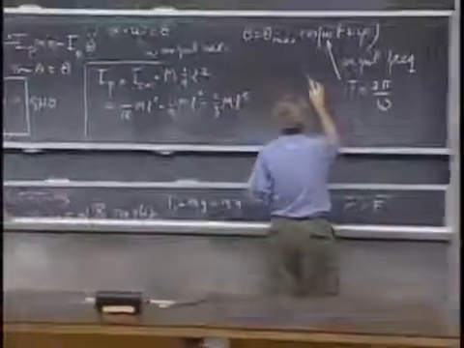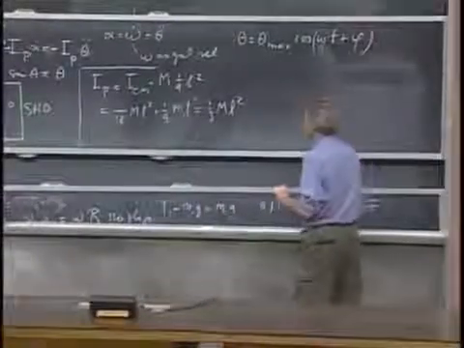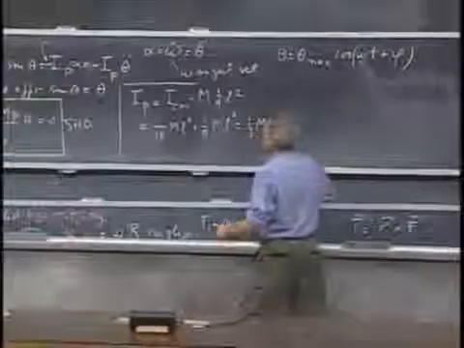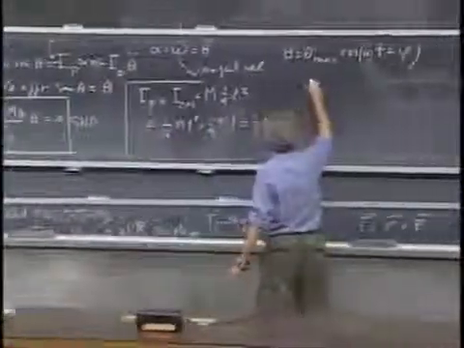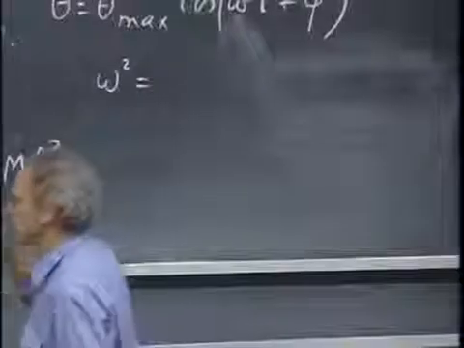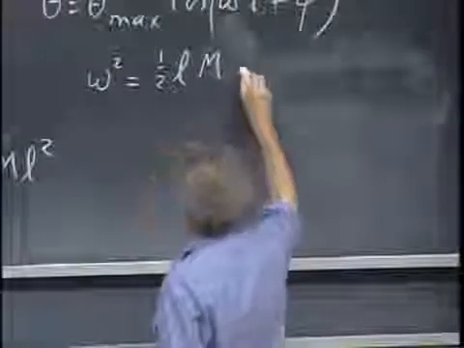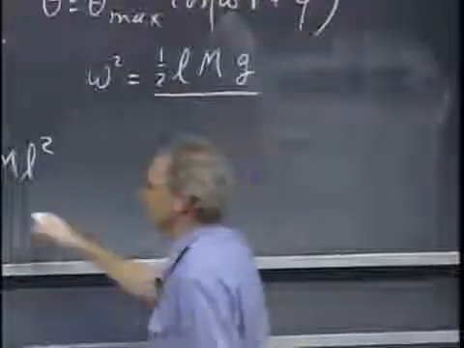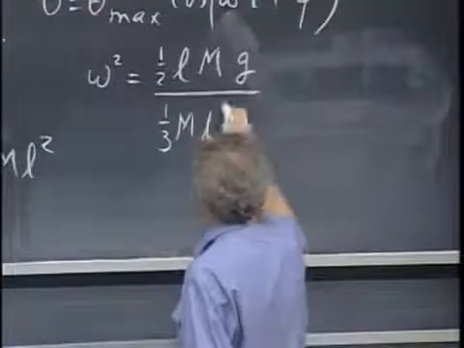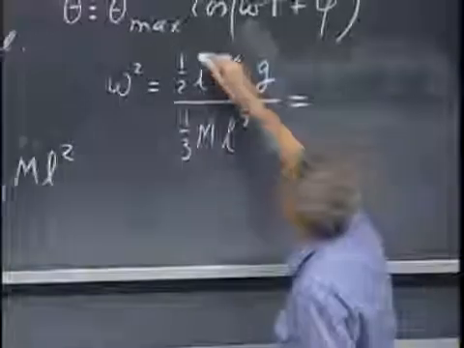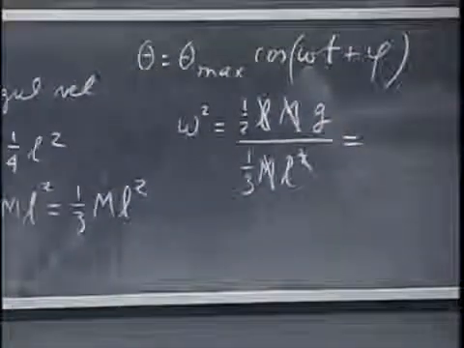So I know now what I of P is, and so now I can solve for the value for omega, the angular frequency. I'll do that here so that we keep everything on one blackboard. So this term here, which is omega squared, equals 1/2 L m g divided by 1/3 m L squared. I lose 1 L, I lose 1 m, very common, always lose your m's in gravity.